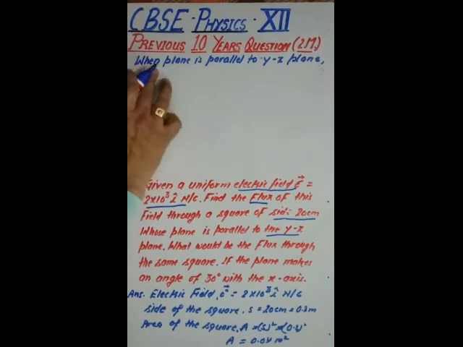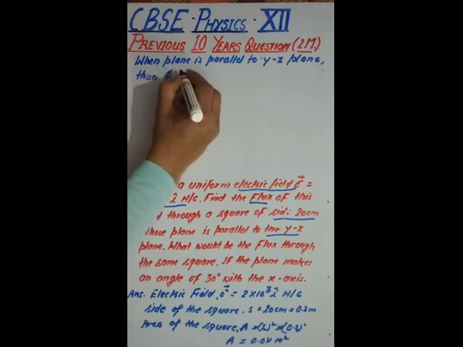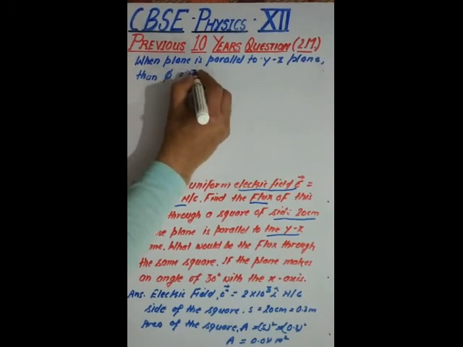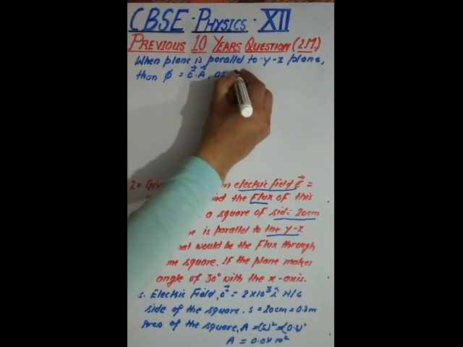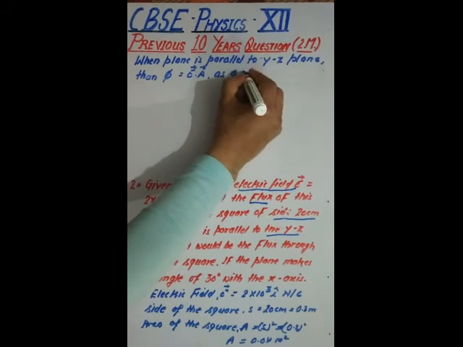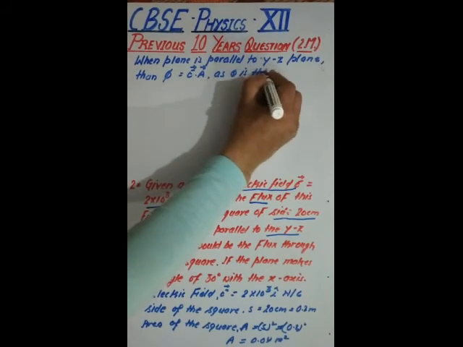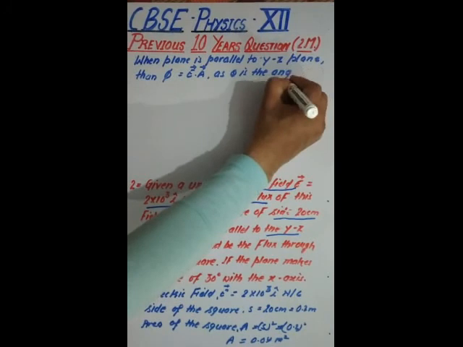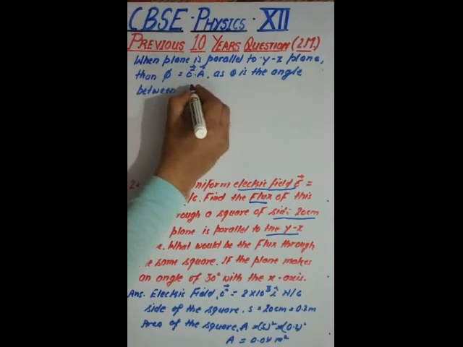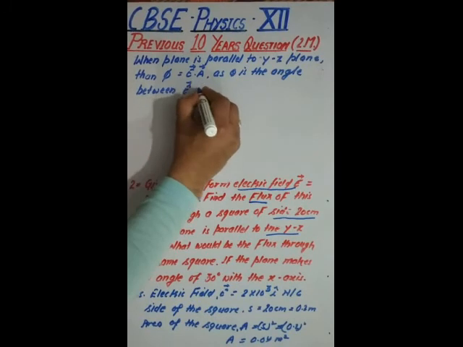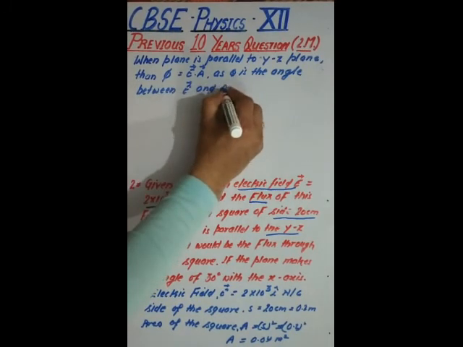What is the value of flux at that time? E dot A vector, as theta is the angle between electric field and area vector.